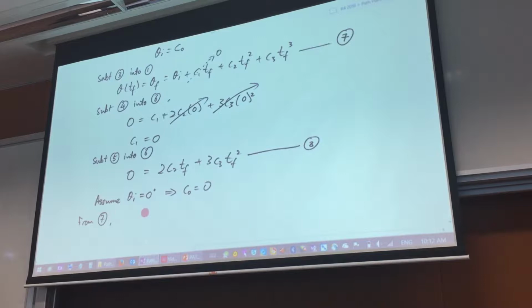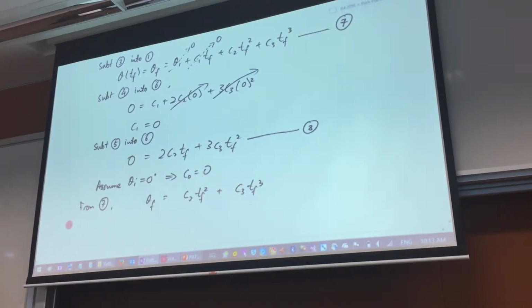Now it's a lot more simplified. I have my theta f equal to, this is gone, this is also gone, this is also 0. So I have c2 tf squared plus c3 tf cubed.